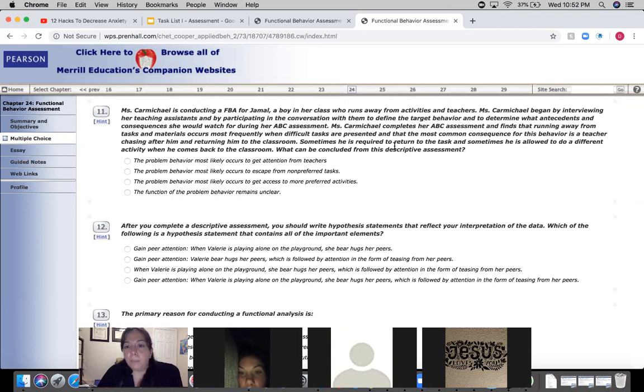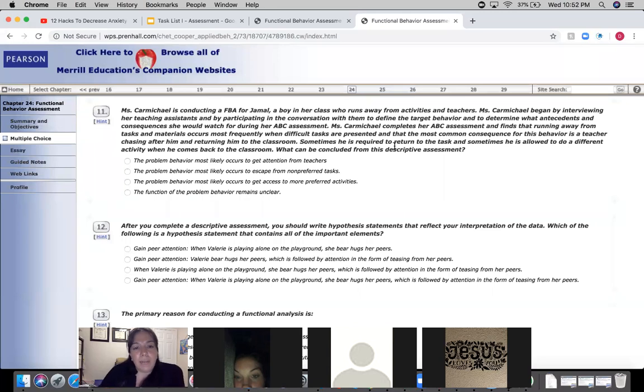Ms. Carmichael completes her ABC assessment and finds that running away from tasks and materials occurs more frequently when difficult tasks are presented, and that the most common consequence for the behavior is a teacher chasing after him and returning him to the classroom. Sometimes he is required to return to the task, and sometimes he is allowed to do a different activity when he comes back to the classroom. What can be concluded from the descriptive assessment?